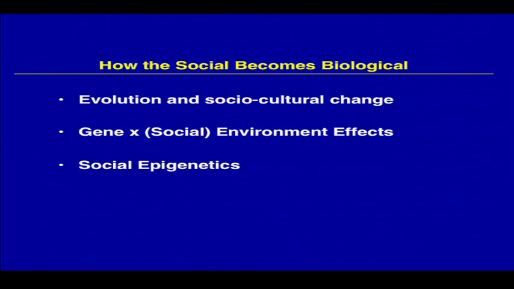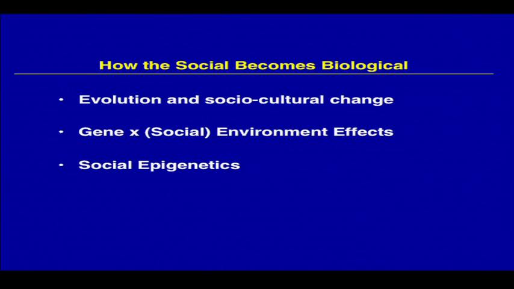So let's consider some of the ways today that social factors could actually interact with your genome, not just the physiologic expression that your body might manifest, but the ways in which your genome is regulated. We're going to consider all three possibilities today. One is a set of ideas regarding evolution and sociocultural change, how the social world around us might modify our evolution as a species.